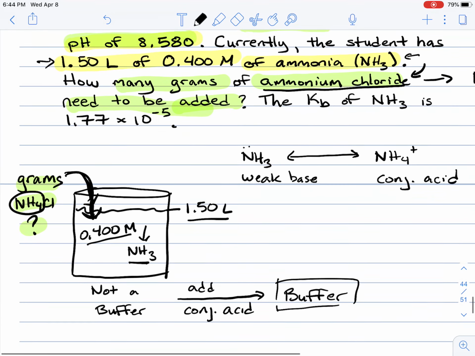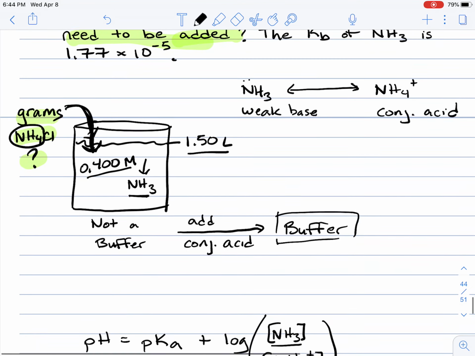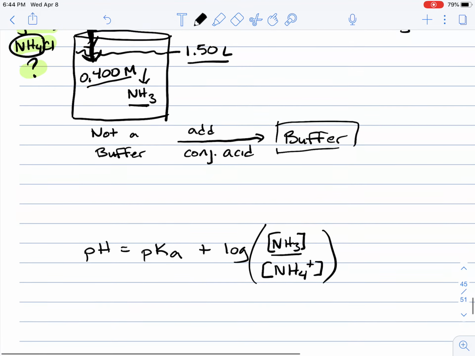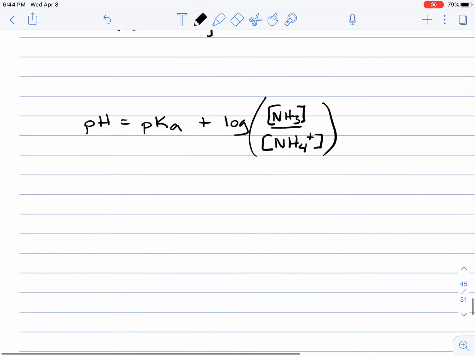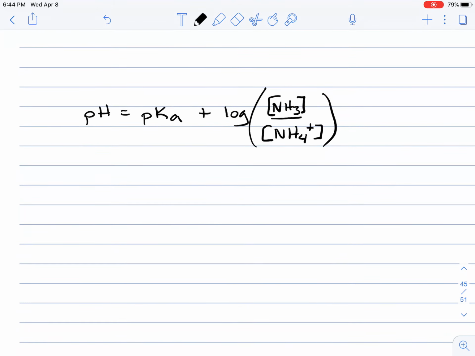To do that, we're going to revisit the Henderson-Hasselbalch equation. I'm going to use the pH form of the equation, and I've already added in where ammonia and ammonium are supposed to go. If you recall, the base is going to be in the numerator in this form of the equation, and the acid, HA, is going to be in the denominator of that fraction.